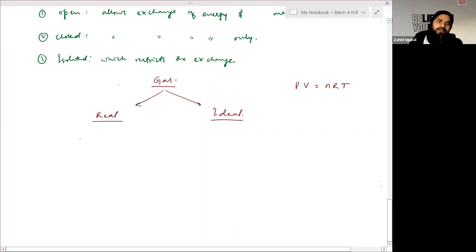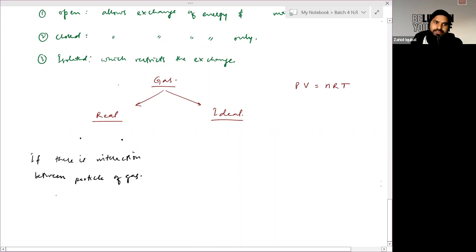Suppose in a particular gas there is some interaction between particles of the gas.